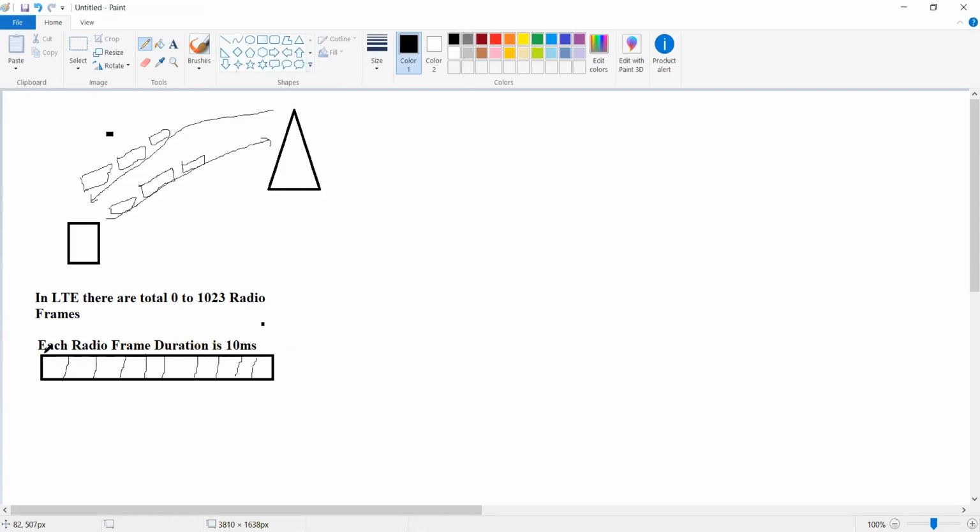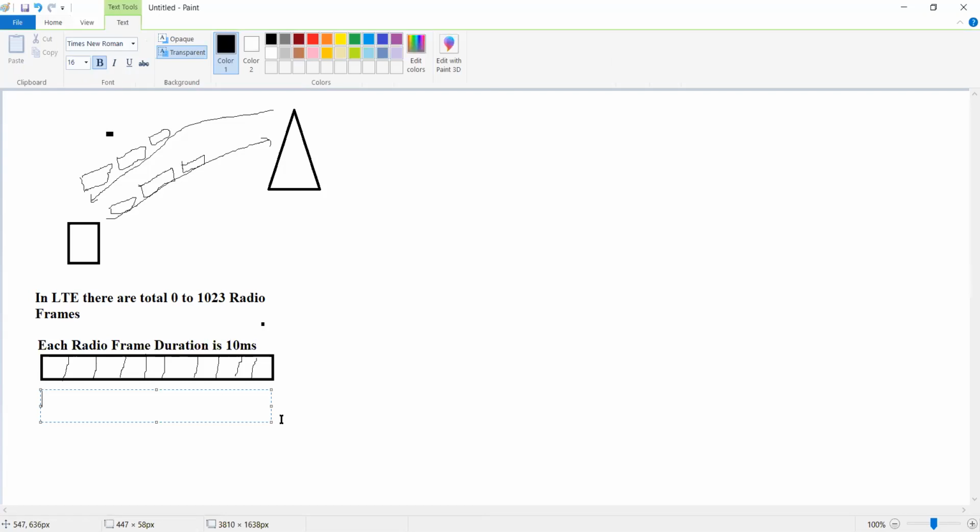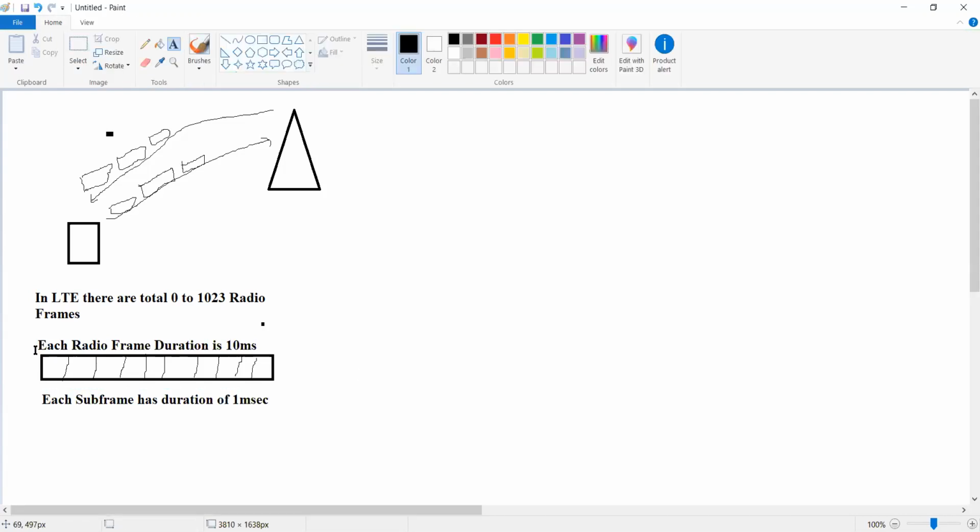The total duration of this frame is 10 millisecond, but each frame has subframes inside it. Each subframe has a duration of 1 millisecond. So this is one radio frame, and inside there are subframes: one subframe, two, third, fourth, fifth.